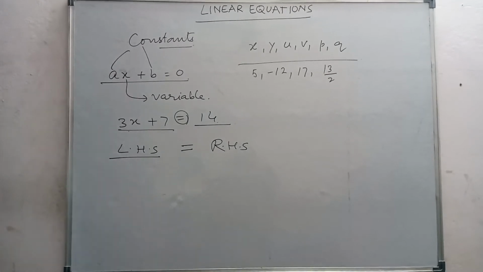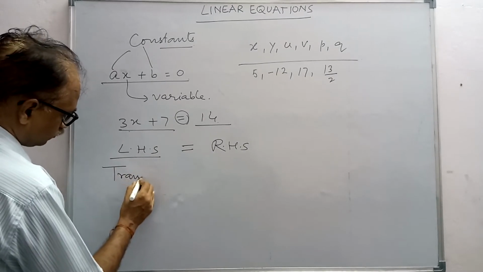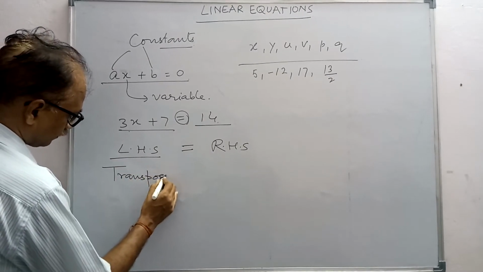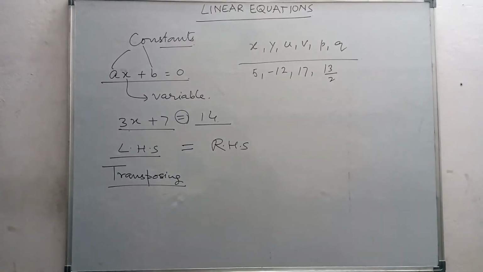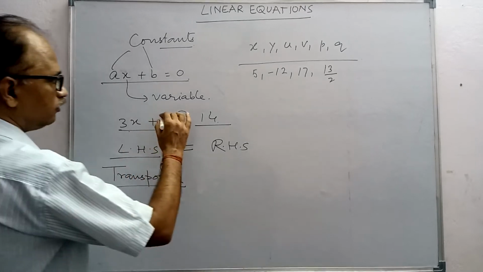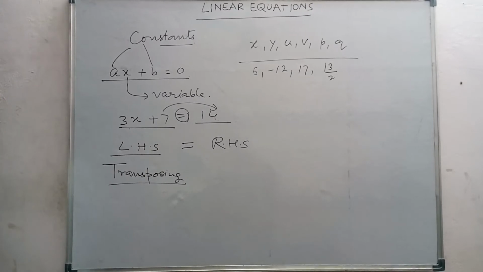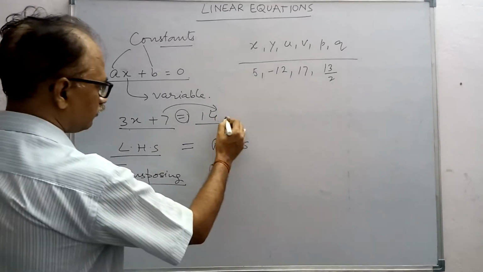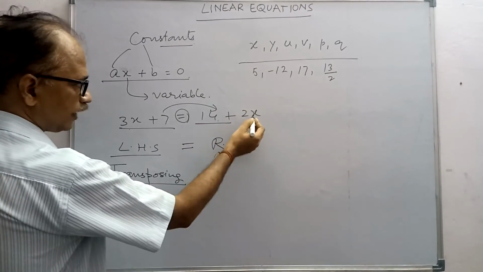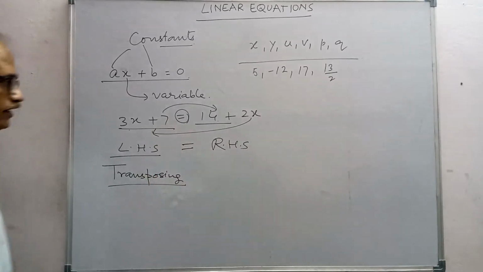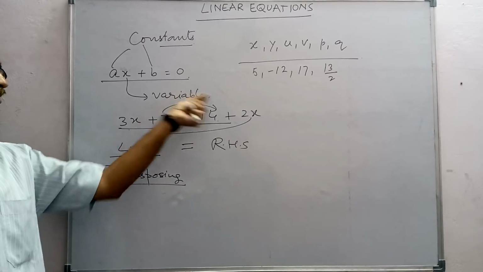To solve a linear equation, we do transposing. The word transposing means we transfer the constants to the right hand side and the variables to the left hand side. Suppose there was one more term here, suppose it was 2x. You will transfer 2x from the right hand side to the left hand side, and the constant from the left hand side to the right hand side.